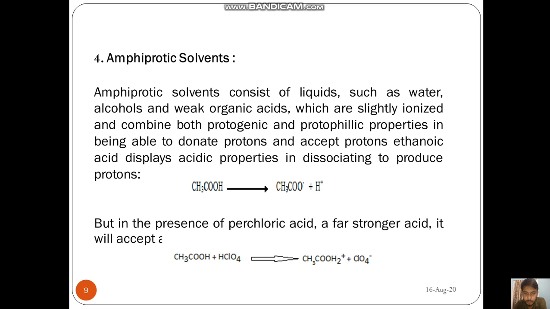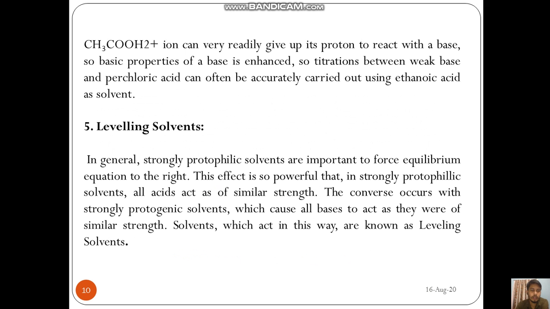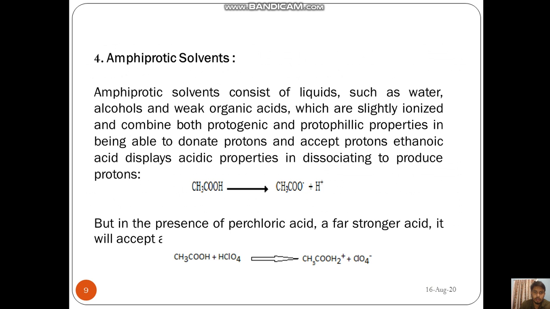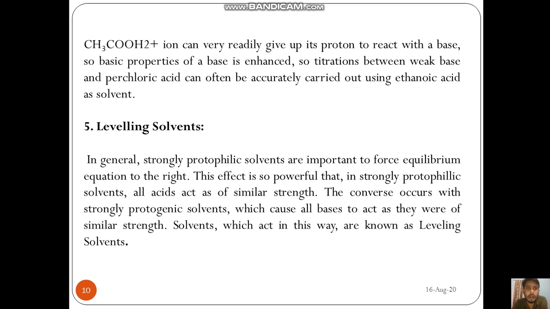So here you can see, this ethanoic acid ion can very readily give up its proton to react with a base. So the basic properties of a base are enhanced. So titrations between a weak base and perchloric acid can often be accurately carried out using ethanoic acid as solvent.